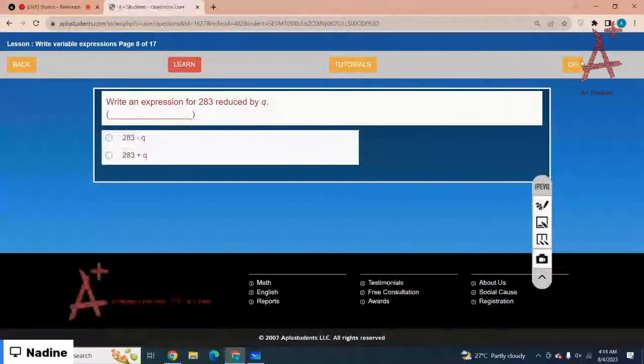Write an expression for 283 reduced by Q. So which is the correct option? It is 283 reduced by Q. That means you have to subtract, right? So 283 is reduced by Q. So it would be 283 minus Q, right?